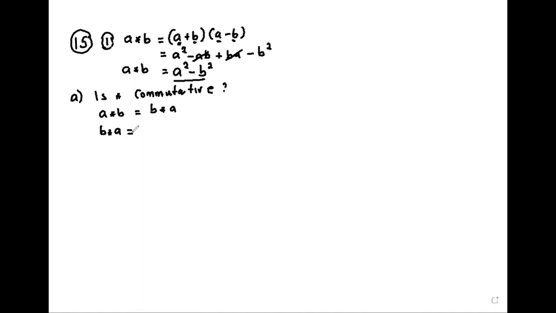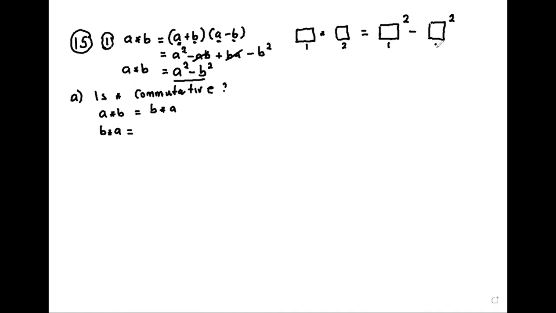Now, how do we find B star A? Binary is about the order. The definition is telling us that there will be 2 boxes. Let's call them seats: seat 1 and seat 2. On your right hand side, whatever sits on seat 1 must be the first thing you square, minus you square the second seat.